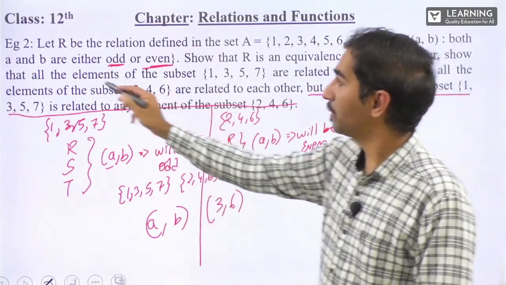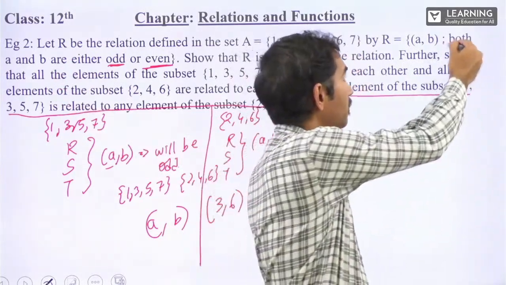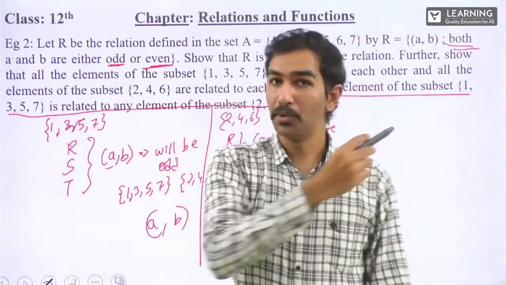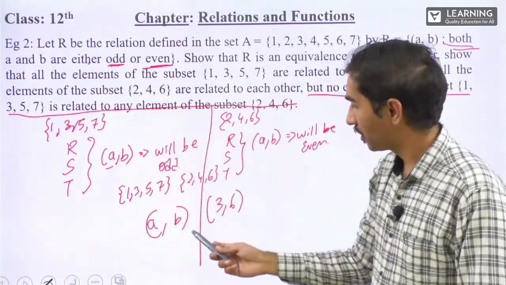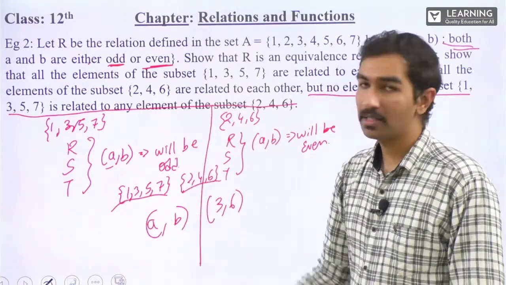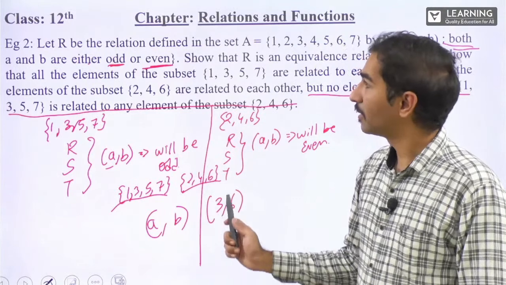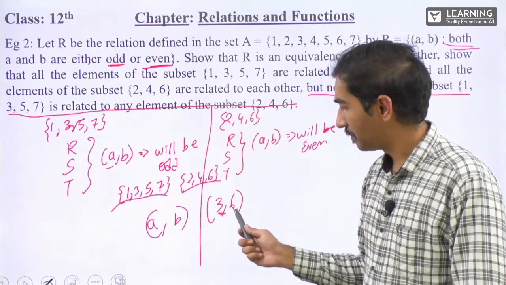To show that, again we come to A and B. See, there is one word here, both: both A and B are either odd or even. Here, if you take one element from this set and another element from this set, both A and B are not either odd or even. One is odd and the other is even.